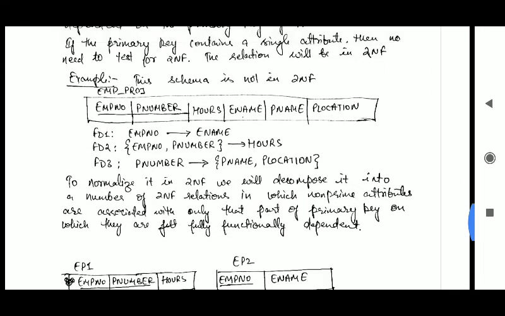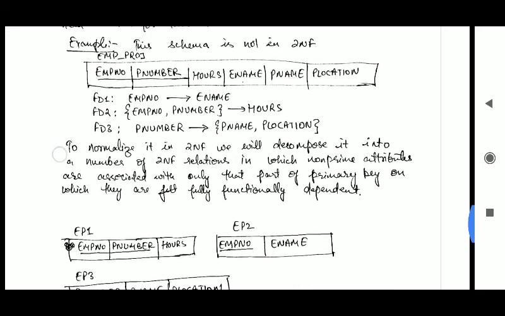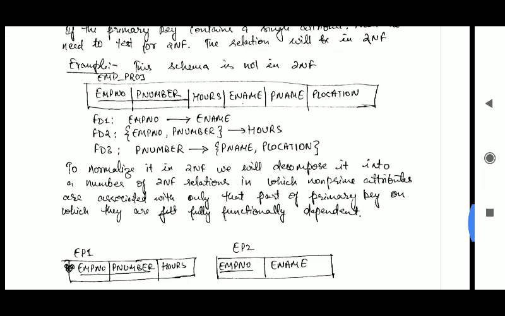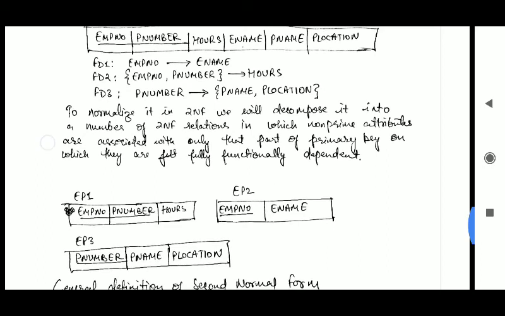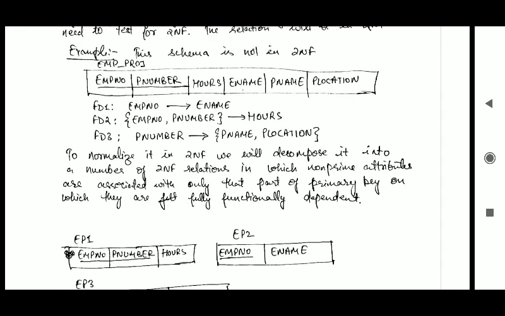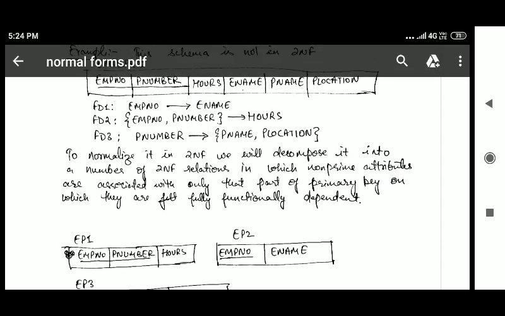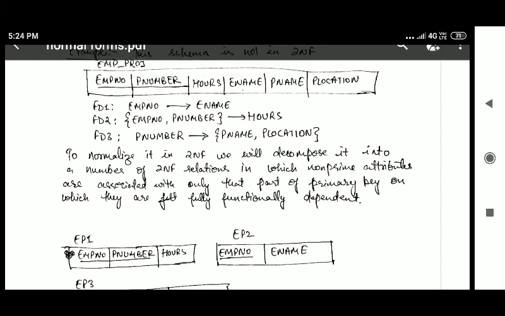So to normalize it into second normal form, we will decompose it into a number of second normal form relations in which non-prime attributes are associated with only that part of the primary key on which they are fully functionally dependent. So here you can see that this EMP_PROJ schema has been decomposed into these three schemas, EP1, EP2 and EP3. Now the non-prime attribute employee name is fully functionally dependent on employee number.